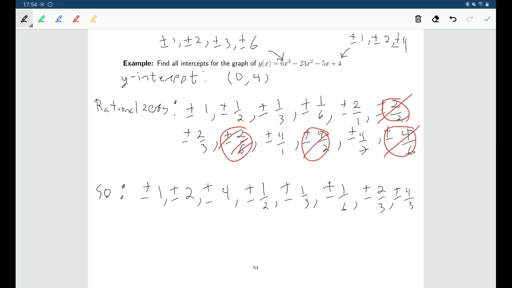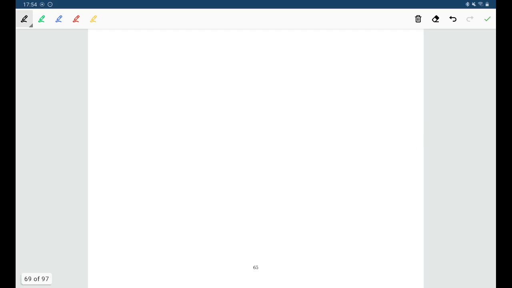And then all I need to do is go through my list and find any rational zeros that I can find and see who's a rational zero and who's not. And then once I have, I can use that to factor. All right, so let's get started by starting with 1 and -1 and 2 and -2 and all the rest.